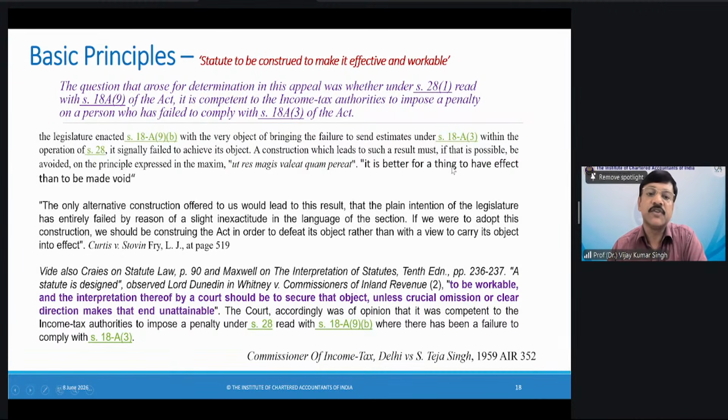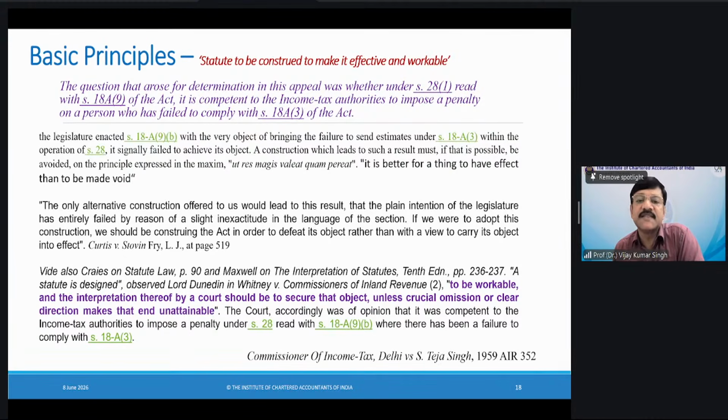In a case, the question was whether section 28(1) read with 18A(9) of the Act, it is competent to the income tax authorities to impose a penalty on a person who has failed to comply with section 18A subclause 3 of the Act. So you have to just see what this legislation was.